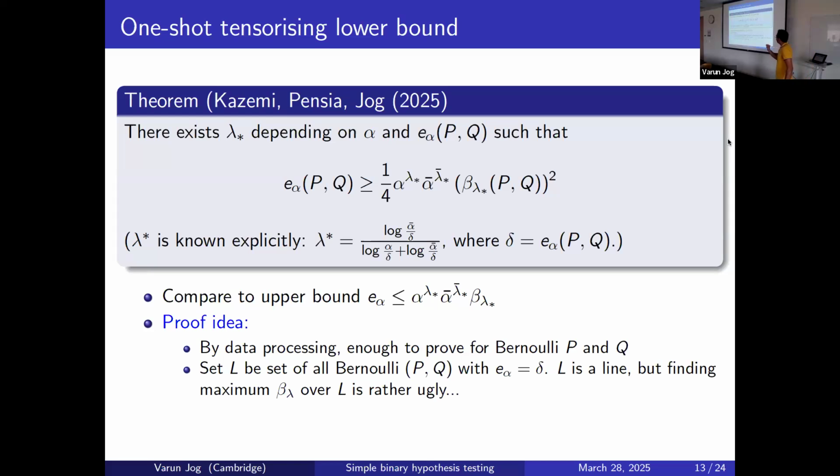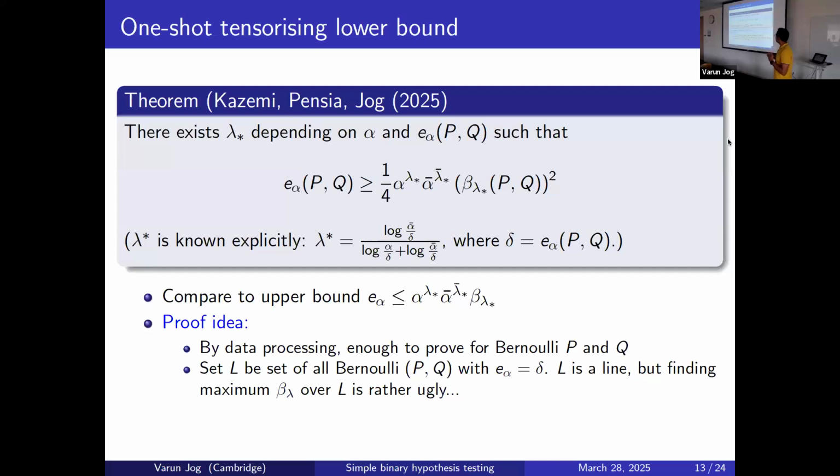So you look at the set of all Bernoullis where the left hand side, the E alpha, is fixed to be delta, and try to find, well, how big can my right hand side be? But unfortunately, this right hand side, for every choice of lambda, is some weird concave function, and you can't really optimize it very well unless you choose your lambda nicely. So optimizing a concave function is, in general, hard because you have to find where the derivative becomes 0 and everything.